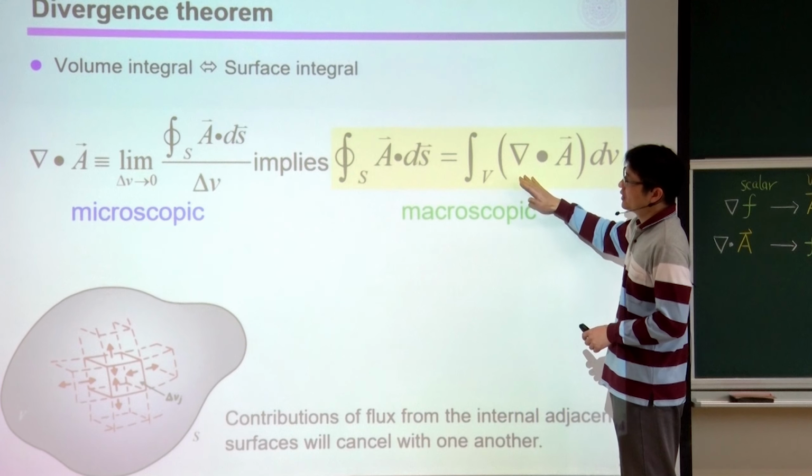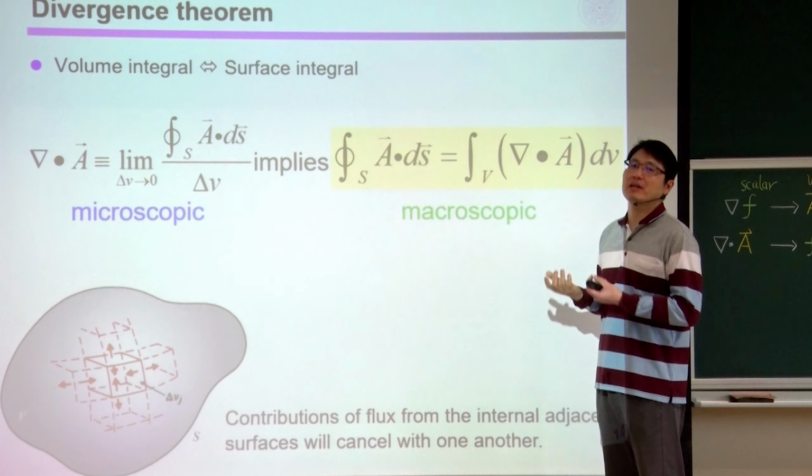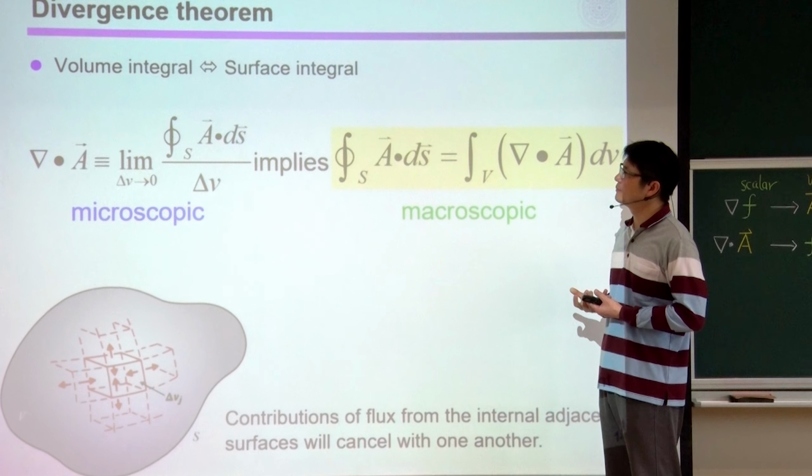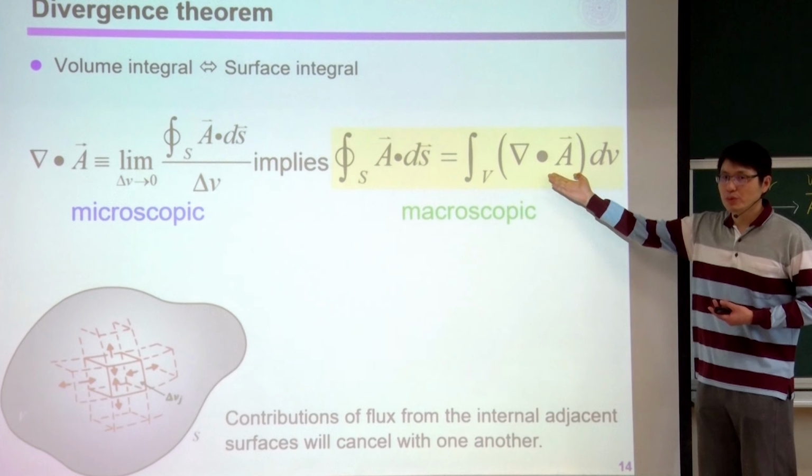Take a good look at divergence theory. What does it imply? Over to the right, the idea is each cube, I know its divergence, right? I know the divergence for each cube.